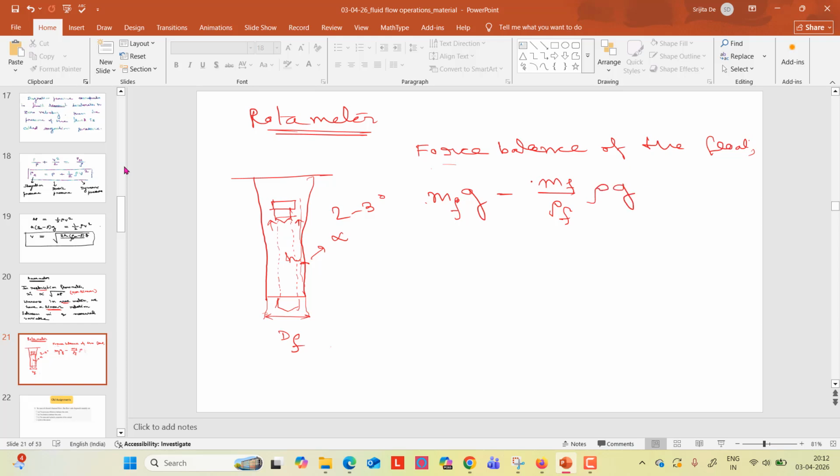Then the buoyancy force equals the drag force. Drag force is defined as half rho Af U square CD, where Af is the projected area of the object, U is the velocity and CD is the drag coefficient.